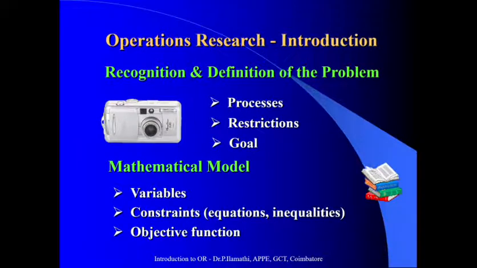The processes will be called variables in the mathematical model. Restrictions will be called constraints in the mathematical model, and the goal will be called the objective function in the mathematical model.